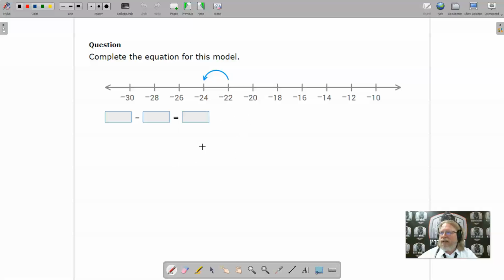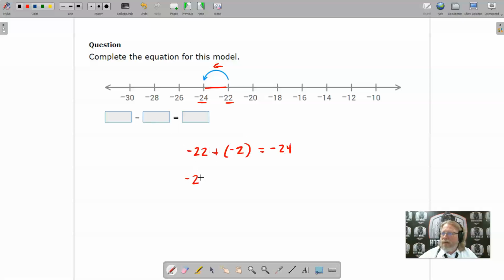So I'm going to write this as addition first, so -22, where I start from. I'm going to the left, so I'm adding a negative number, right? How many did I move? Well, it looks like they count by 2s, so -2, and equals, where did we land? -24. But this is addition, and they want subtraction, so let's change that over.